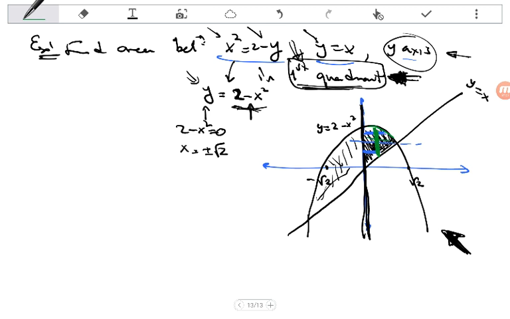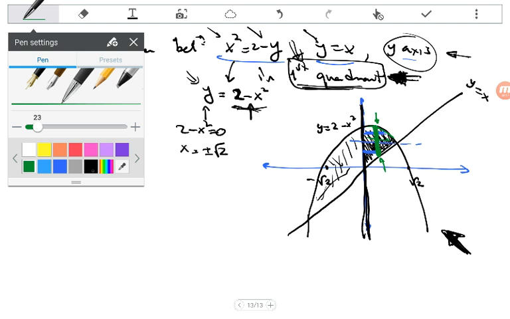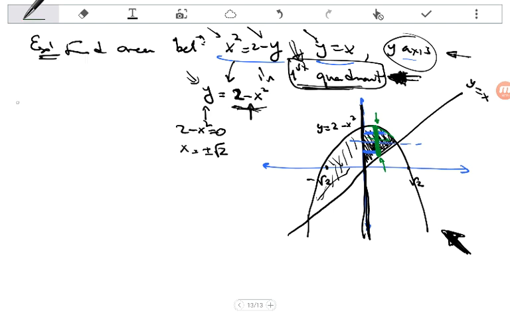If you slide this strip and cover the region with it, you will find that the limits of the strip don't change for the whole region. Any change in the limits of the strip, I will need to define a new strip and so a new region and so on. So I can see that the vertical strip is better, so I make it my choice here. So I choose a vertical strip.